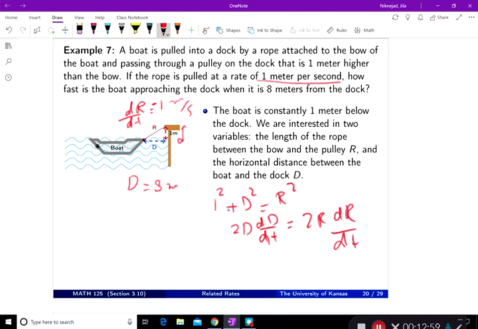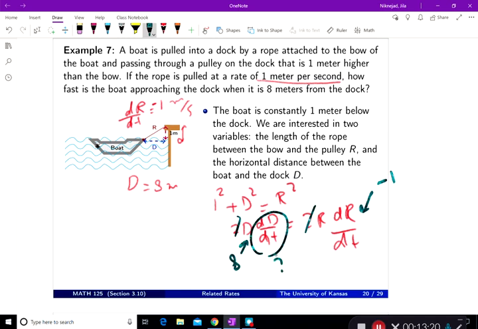The 2's from both sides are going to be simplified. What is remaining is, I know this is 8, I know that is -1, and if I knew r, I can find this, which is what the question is asking.